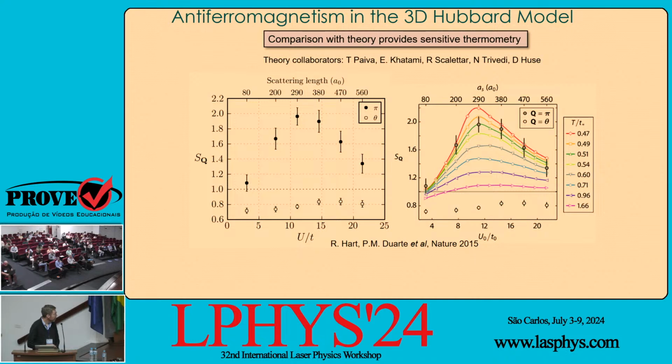These are different colors that represent different temperatures. 0.5 is the green one, which seems to fit the data the best. And in fact, over that whole range, it fits it perfectly with only one free parameter, which is the temperature, which is 200 nanokelvin.